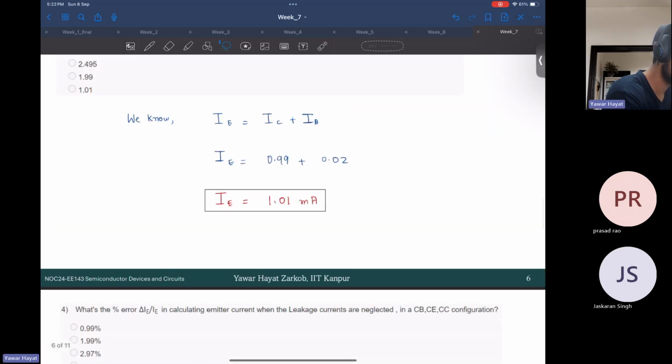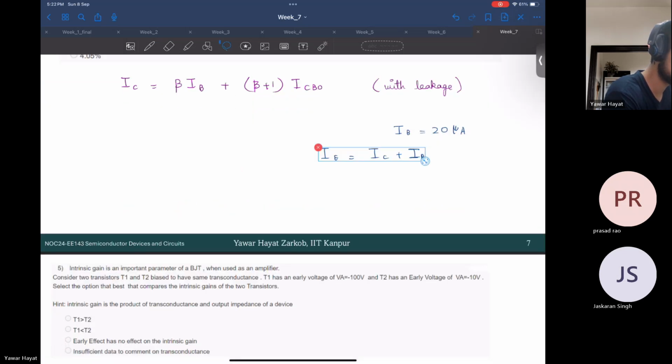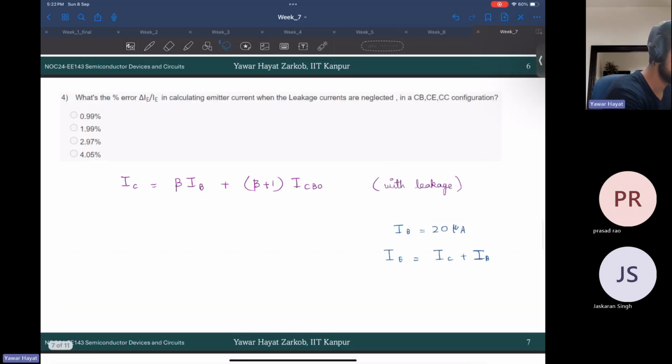And you also know this equation, right? So now you are interested in finding delta IE by IE, the percentage. You need to compute this one.